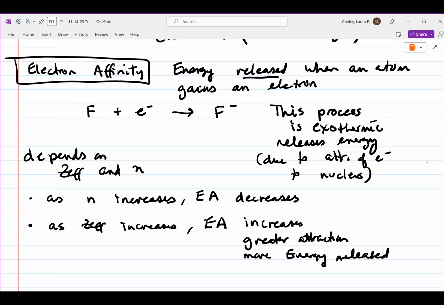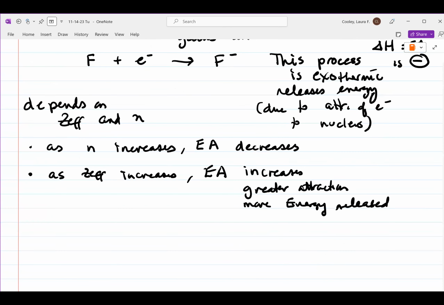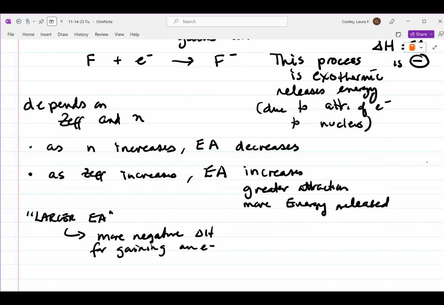This is an energy release, so this delta H, which we call the electron affinity, is negative. When I say something has a large electron affinity, I mean this number is more negative, that it releases more energy. So a larger EA means a more negative delta H for gaining an electron. Just to make that perfectly clear.